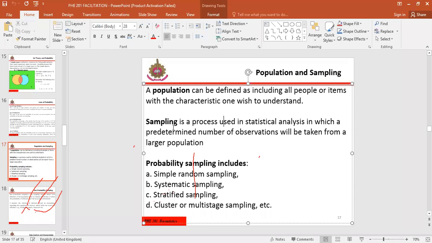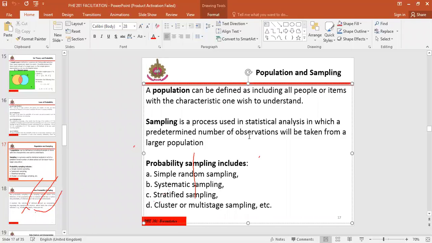Now, sampling means that I determine a particular size that I will use from among the students in your class.